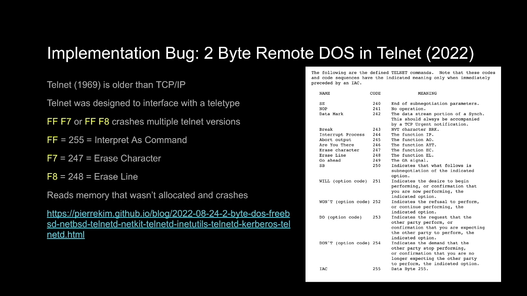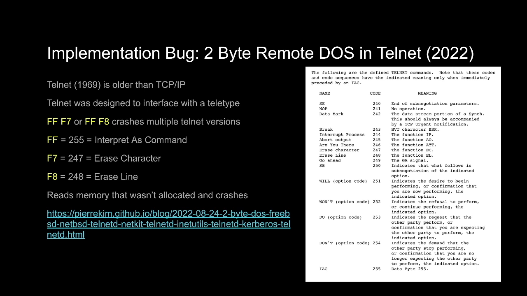So these are written with a teletype in mind, with certain values for sending data back and forth to people over very limited channels, right? If you've ever used a TTY service on a phone, you'll know about things like GA or go ahead. Very similar semantics are used in Telnet.